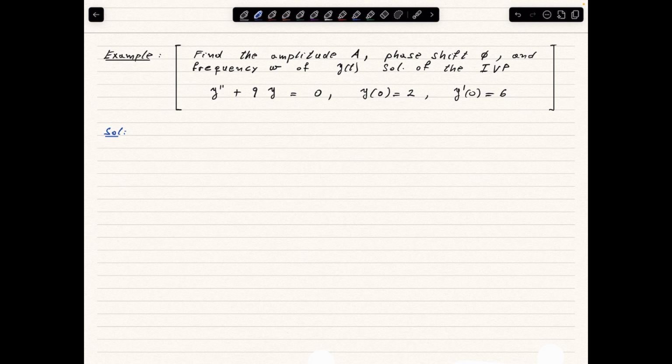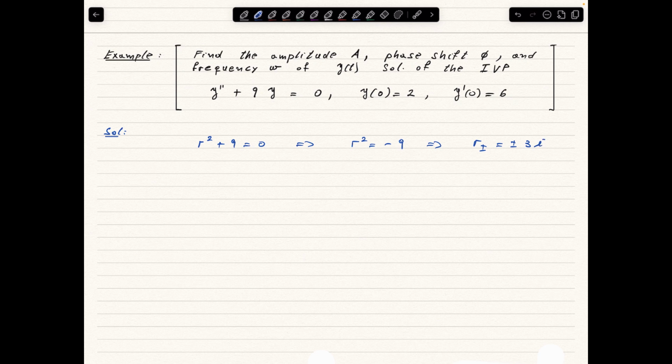We start writing the characteristic polynomial. So the characteristic polynomial for this equation is r squared plus 9 equals 0. Then from here we get that r squared is negative 9, which means that r plus minus is going to be plus minus 3i.